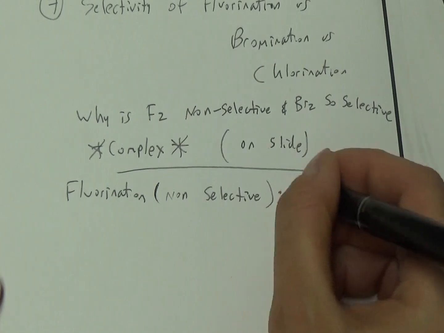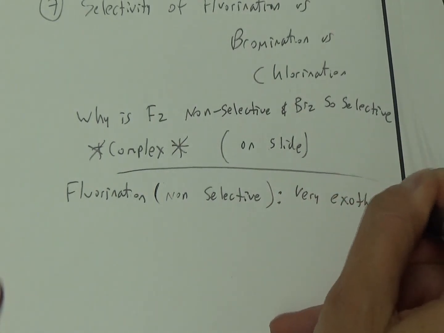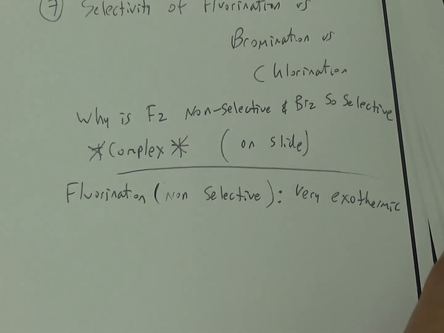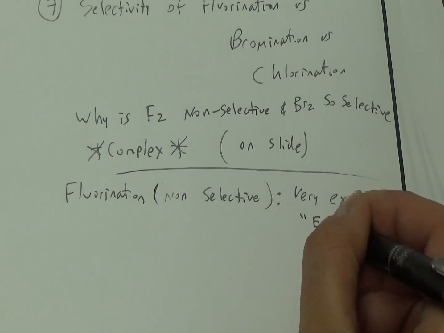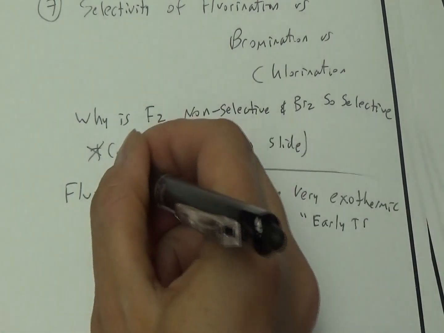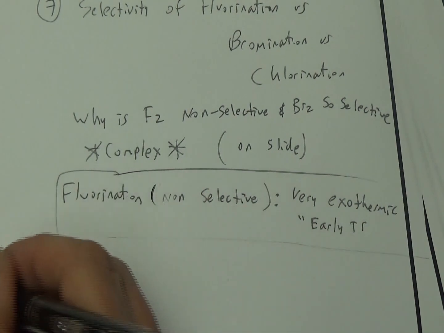It's very exothermic, we know that. We did the calculations, right? It's very, very exothermic. And we're also going to give it a word, early transition state. Early TS, early transition state. TS is the energy barrier, the transition state.